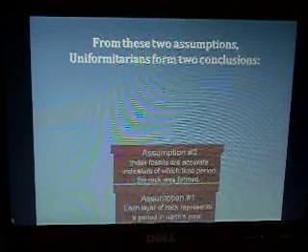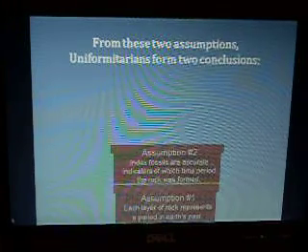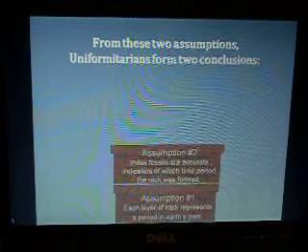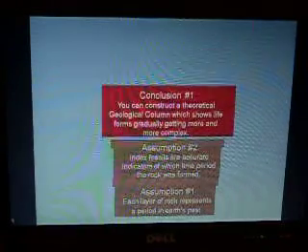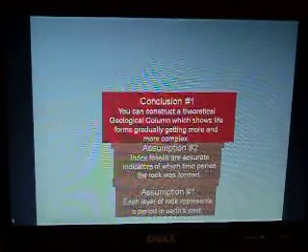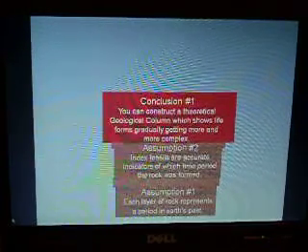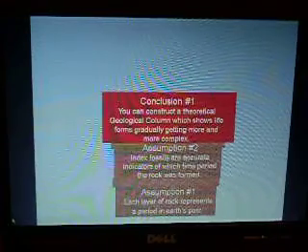Well, let's say, for example, that we're going to assume for a moment that these assumptions are correct. If these assumptions are correct, then it is very logical and reasonable to draw this first conclusion, that you can construct a theoretical geological column which shows life forms gradually getting more and more complex.